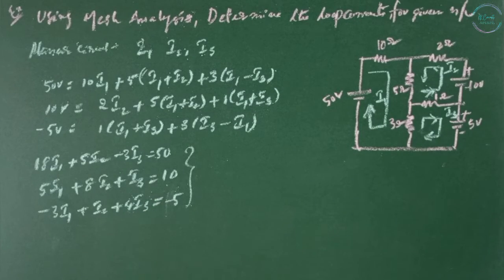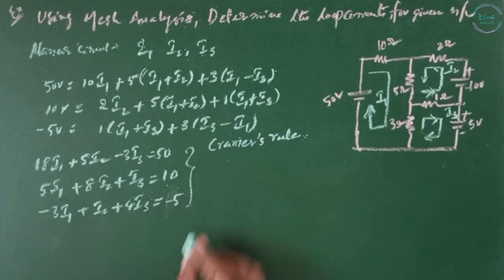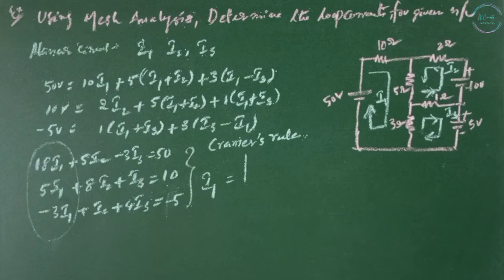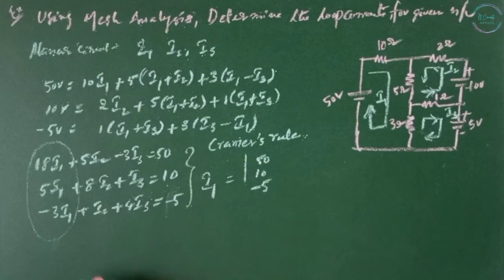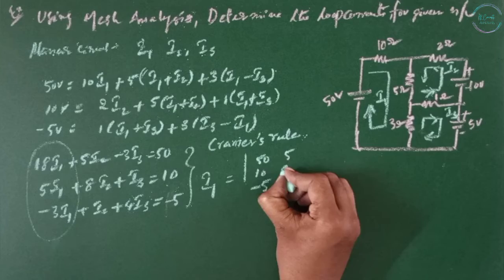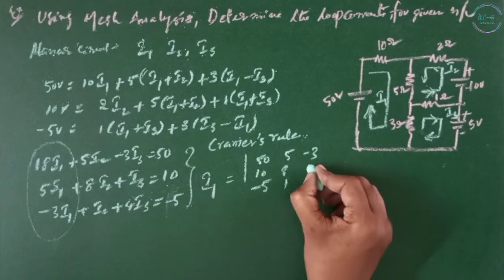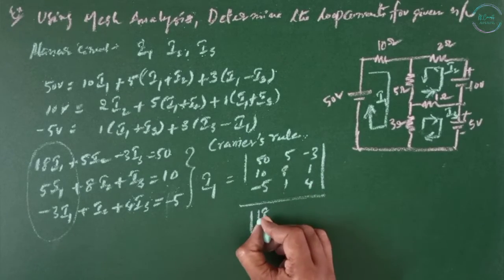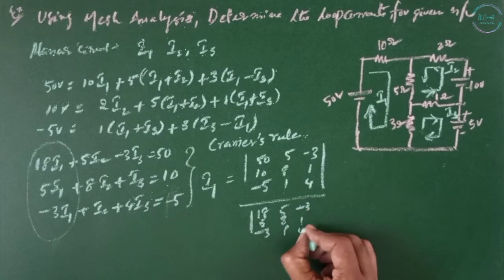According to Cramer's rule, I1 is given by replacing the first column with the voltages, that is 50, 10, minus 5, and the second column is 5, 8, 1, the third is minus 3, 1, 4, divided by the del: 18, 5, minus 3, 5, 8, 1, minus 3, 1, 4.